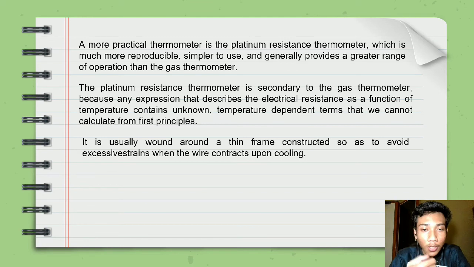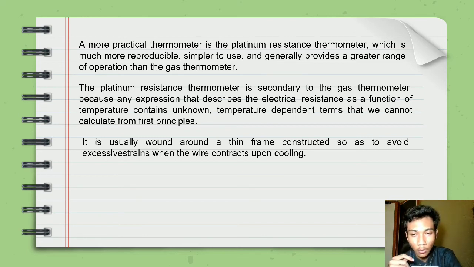The platinum resistance thermometer is secondary to the gas thermometer because an expression that describes the electrical resistance as a function of temperature contains unknown temperature-dependent terms that we cannot calculate from first principles. It is usually wound around a thin frame constructed so as to avoid excessive strain when the wire contracts upon cooling.